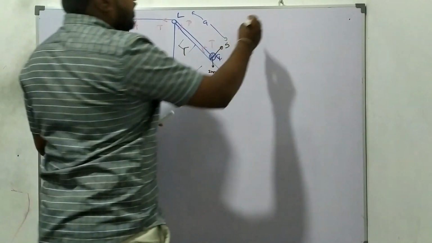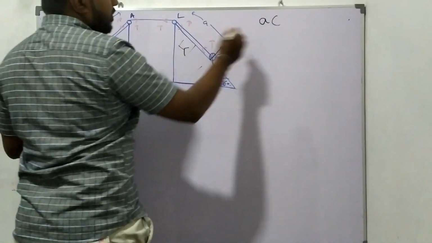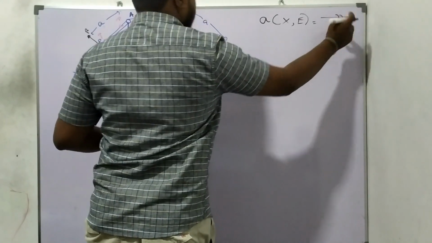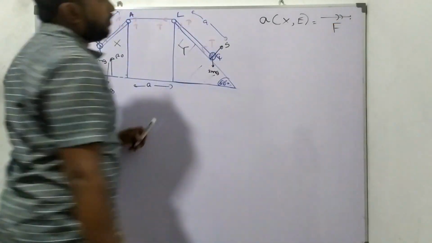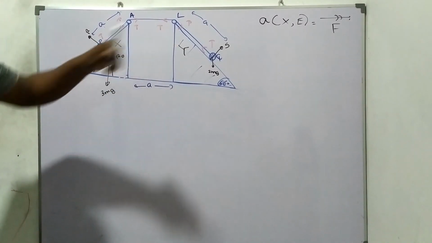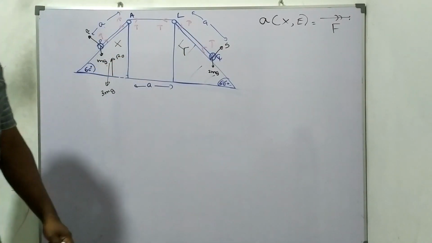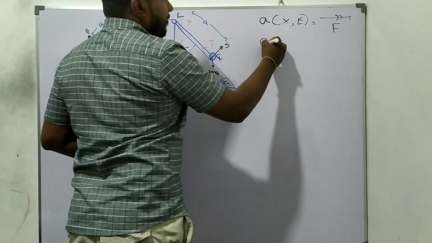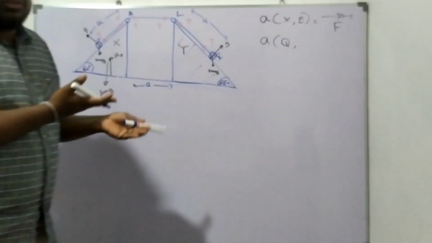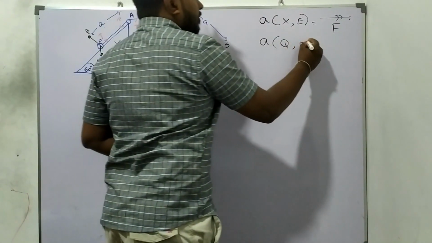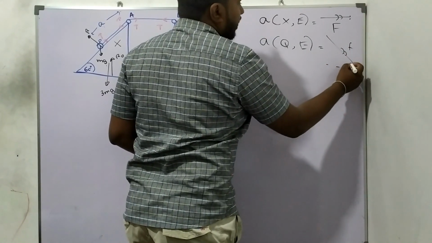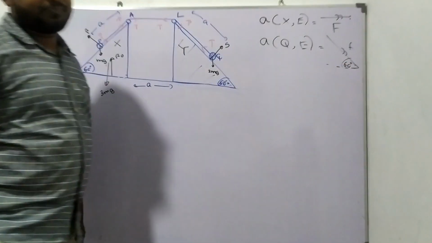That means the acceleration of capital X relative to the earth is capital F. And also Q, which is on the fixed wedge, relative to the earth, because it's fixed, is going with simple f acceleration at 60 degrees.